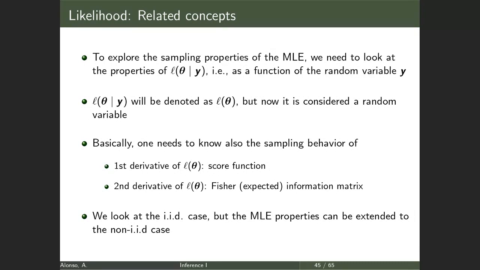And we're going to basically study two things of the log likelihood. We're going to study the derivative of these functions with respect to theta. We call that the score function. And we are going to study the second derivative of the log likelihood, and this is called the Fisher expected information matrix.